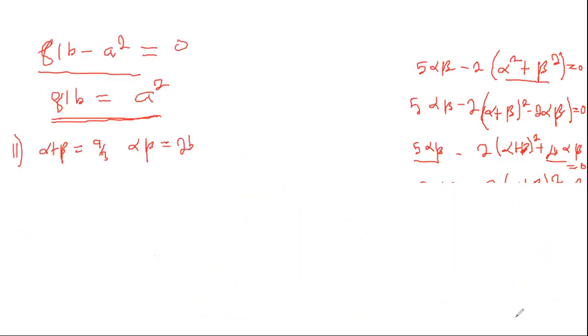So now for one root to be the cube of the other, we are going to say either alpha is equal to beta cubed or beta is equal to alpha cubed.